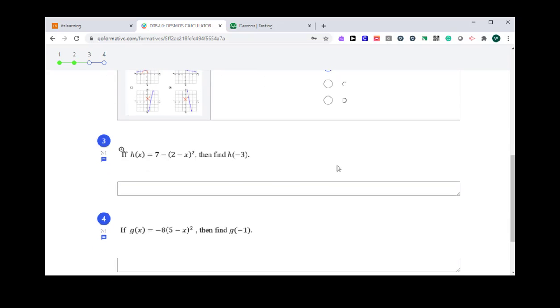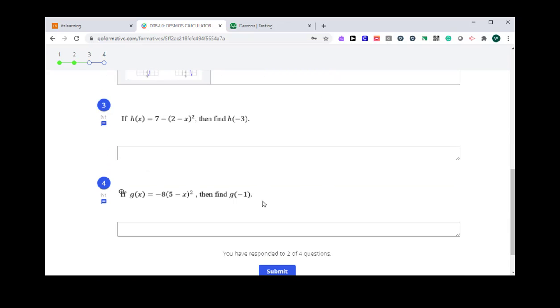Now for the next two problems, it's going to be function notation problems. If you remember, this is called function notation. Also remember that this number here is the value of x. So this is the function h of x equals 7 minus parenthesis 2 minus x parenthesis squared. So remember that h of x is the same thing as writing y.